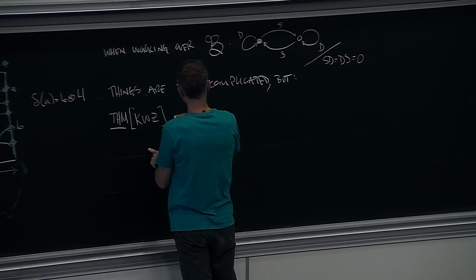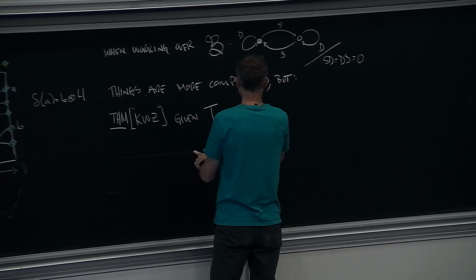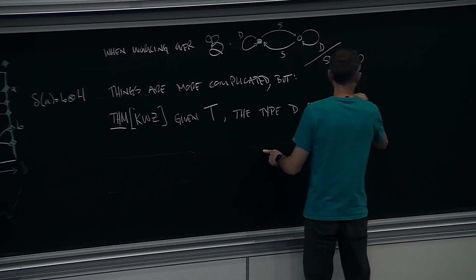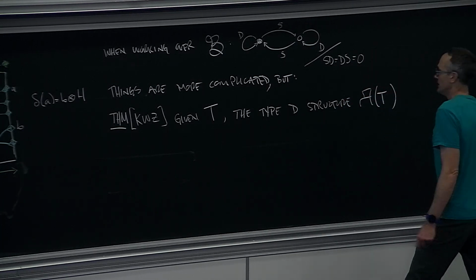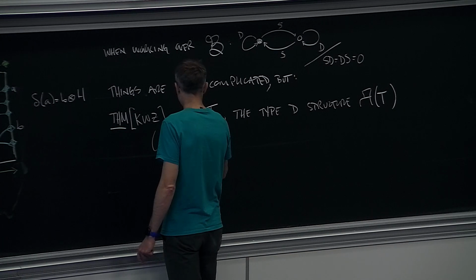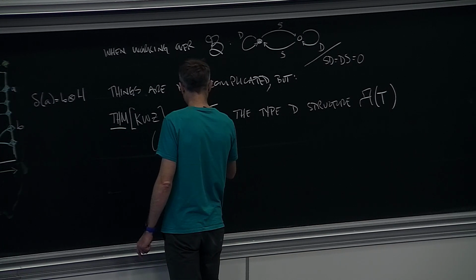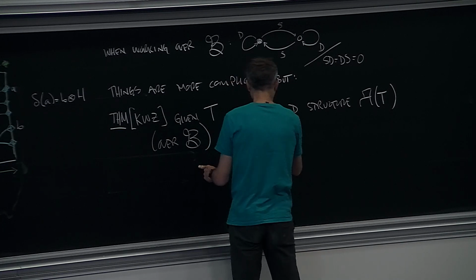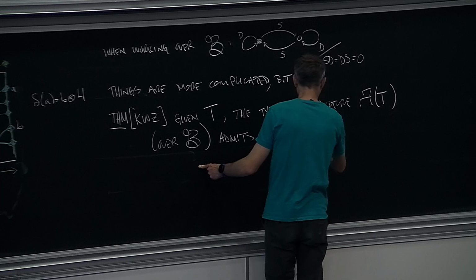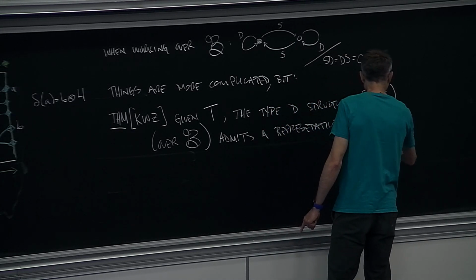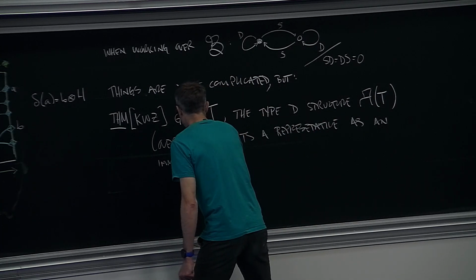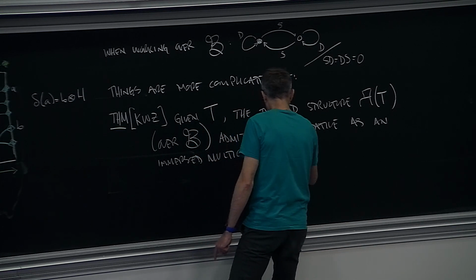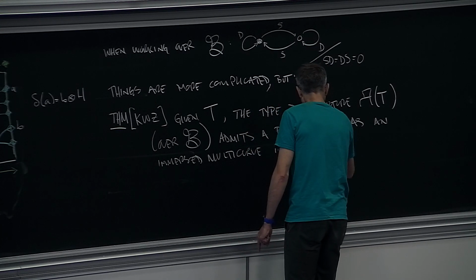So the type D structure, given the type D structure DT, which is now something that makes sense for B, admits a representative, an immersed multi-curve in the boundary of the tangle, so in S^2 minus 4 points.